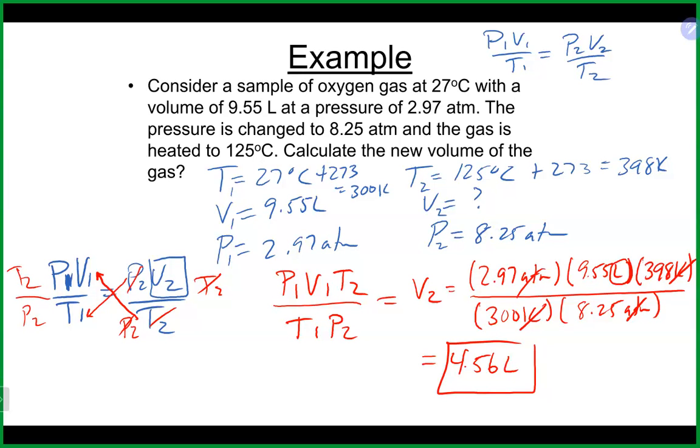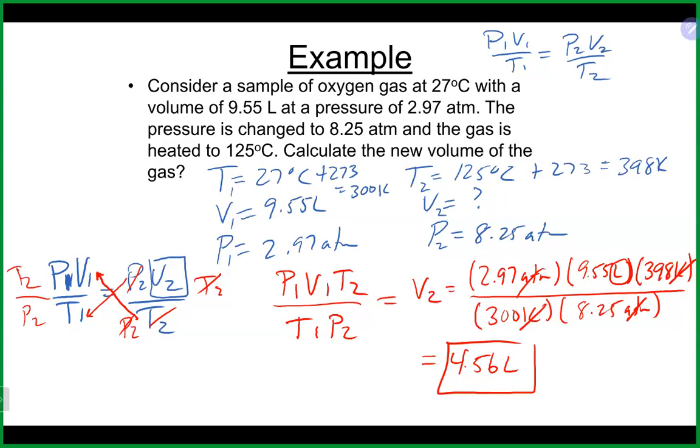Okay, so again, this is the one that I say gives people a hard time rearranging. So if that is an issue, take some time to make sure you understand how to properly rearrange it. It is really, really common. People sort of invert numbers and put them in the wrong spot. Typically, whatever you're solving for should end up on top. So we're solving for V2, so it should end up on top.